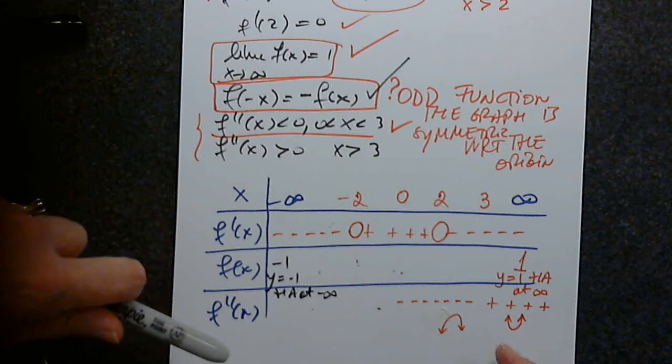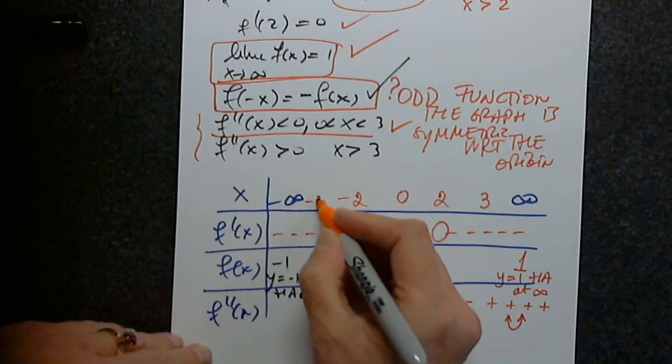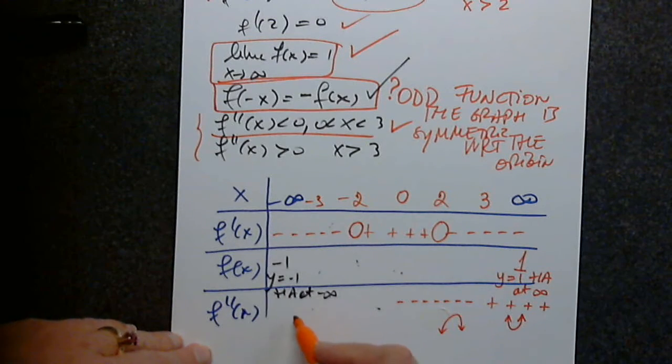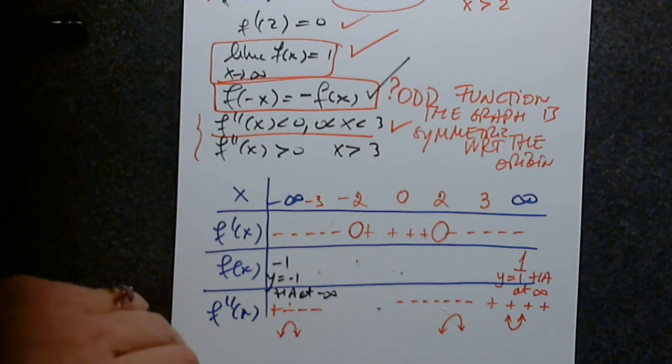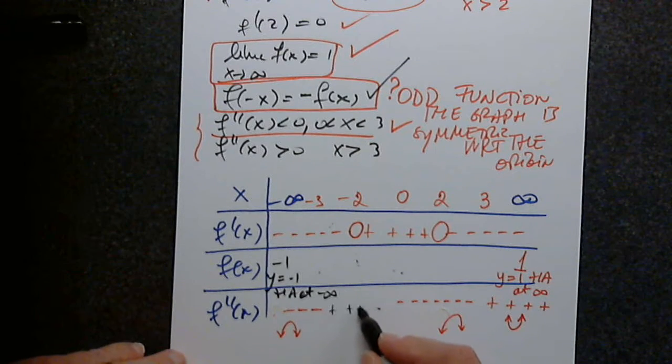So if it opens upward here, on the other side, between -infinity and -3, it has to open downward. So it's negative by symmetry across the origin. And of course, if it's opening downward between 0 and 3, it must open upward between -3 and 0.